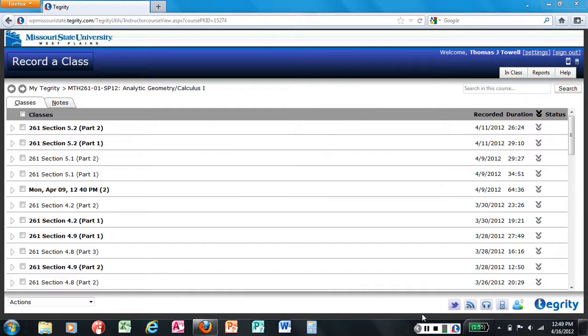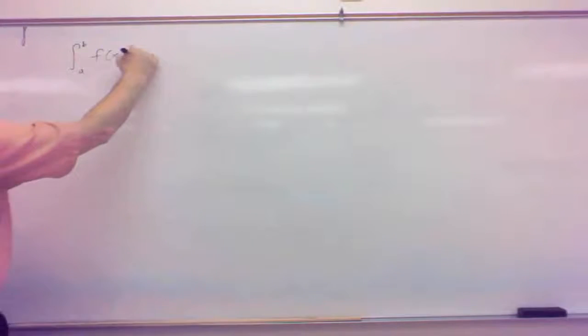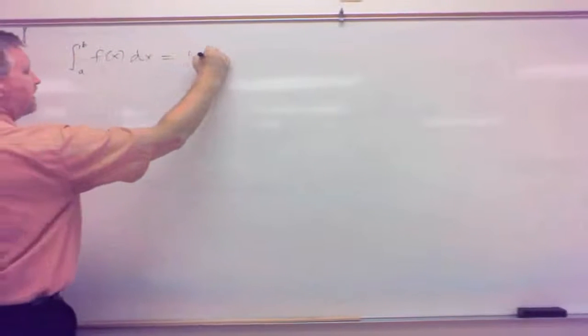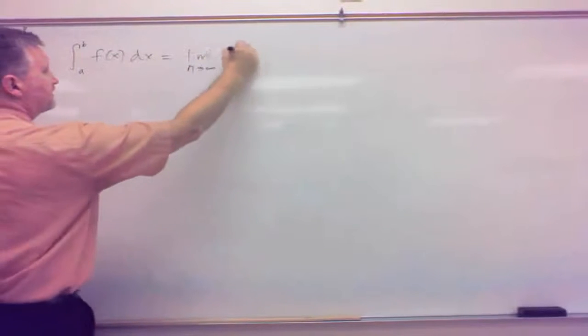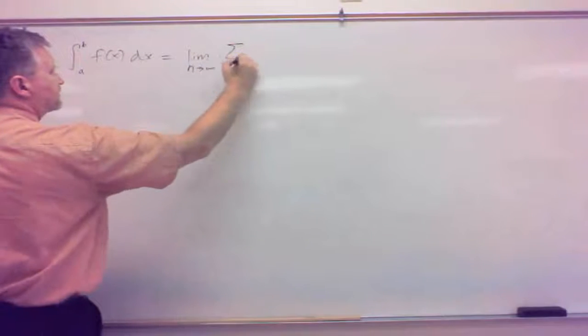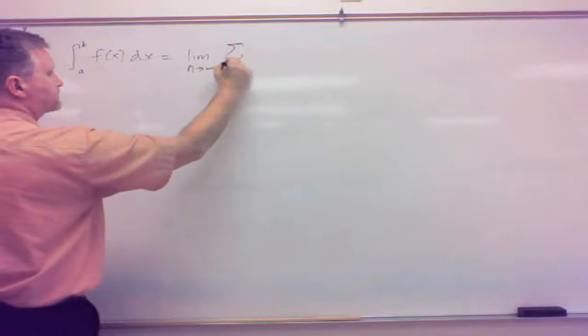Yeah, we've talked about the integral now, started talking about it. We know by definition the integral from a to b of f of x dx is the limit as n goes to infinity of the areas of these rectangles.